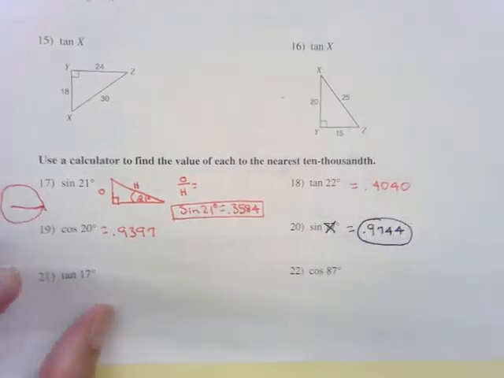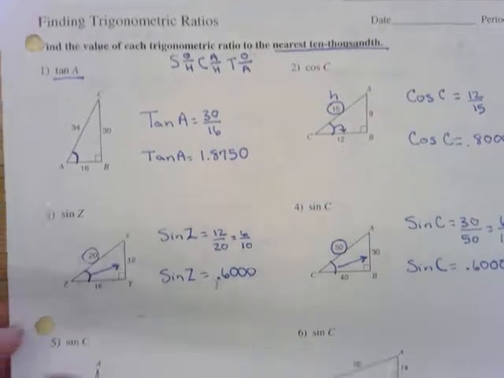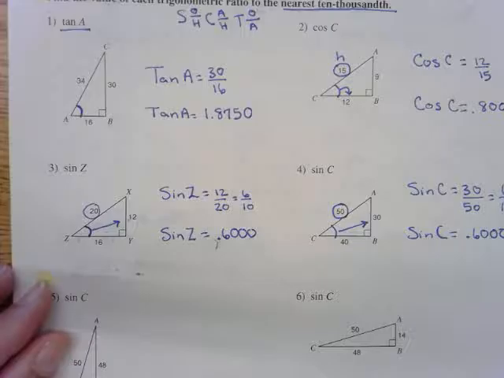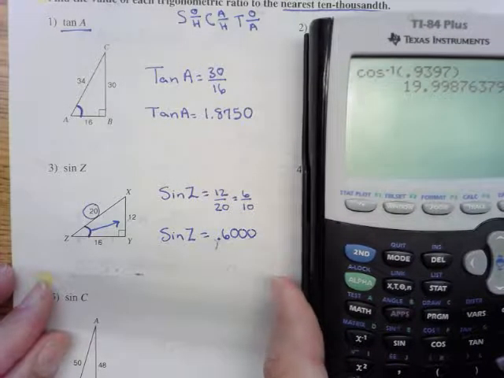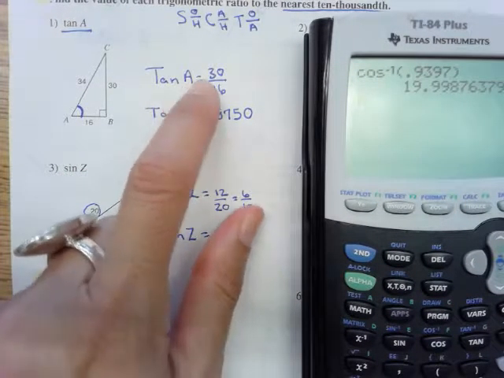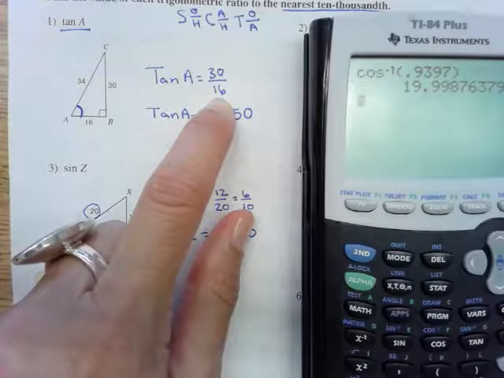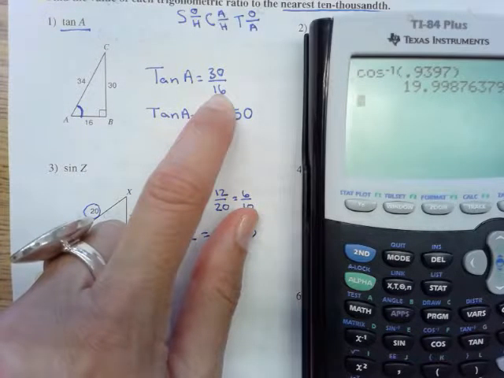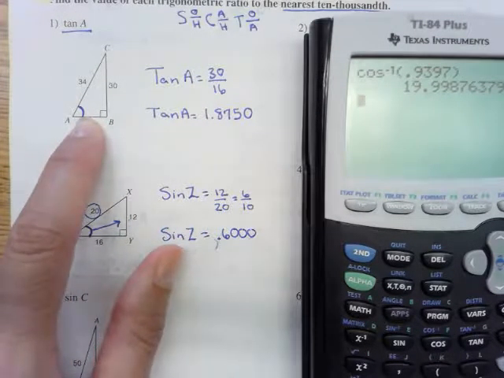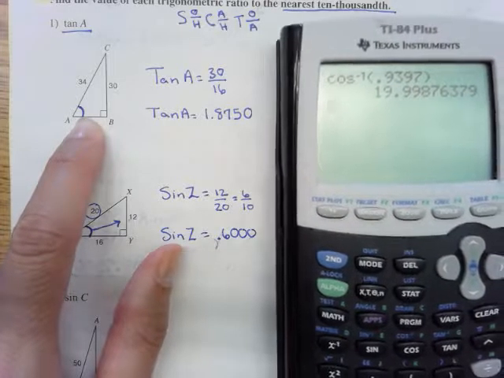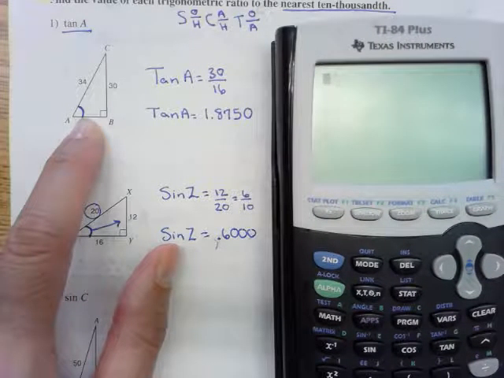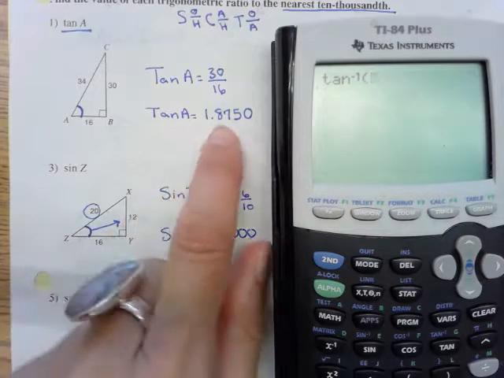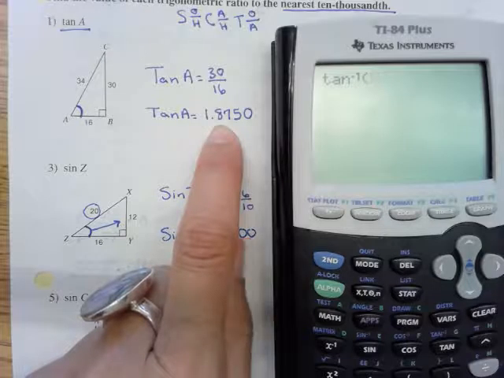If I want to do this over here, let's go back to our first page, and I want to say, what is the A degree? If I know that 30 over 16 is the tangent of A, what does this degree measure actually measure? So I'm going to do that in my calculator. I do second function tangent, which gives me the inverse of tangent, and I put this number into my calculator.